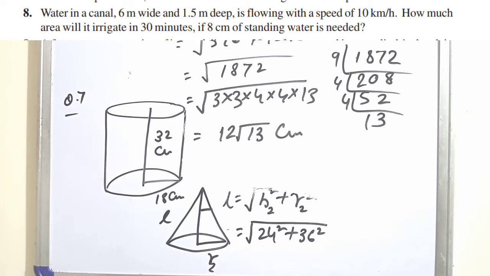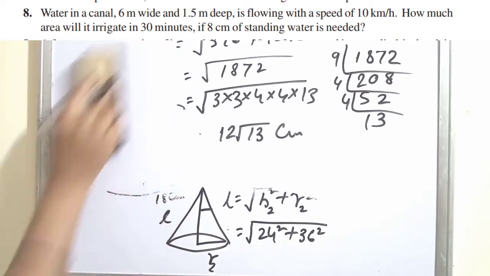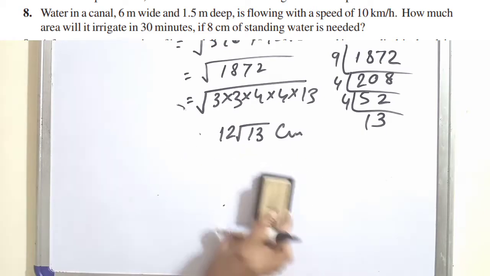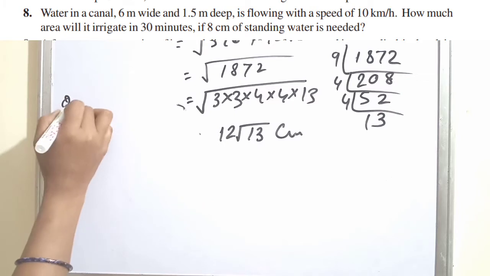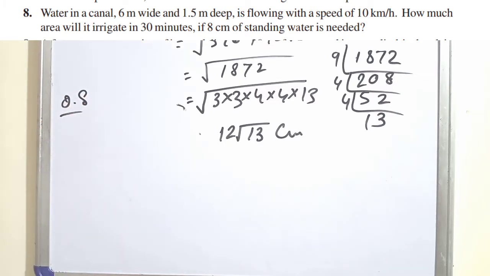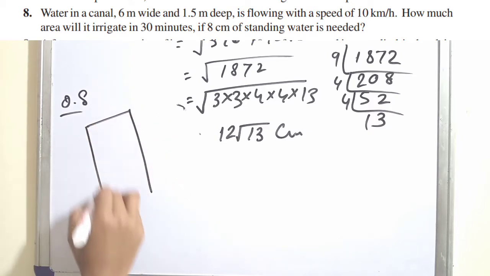Water in a canal 6 meter wide and 1.5 meter deep is flowing with a speed of 10 km per hour. So given that a canal, like a cuboid shape, suppose this is a canal.